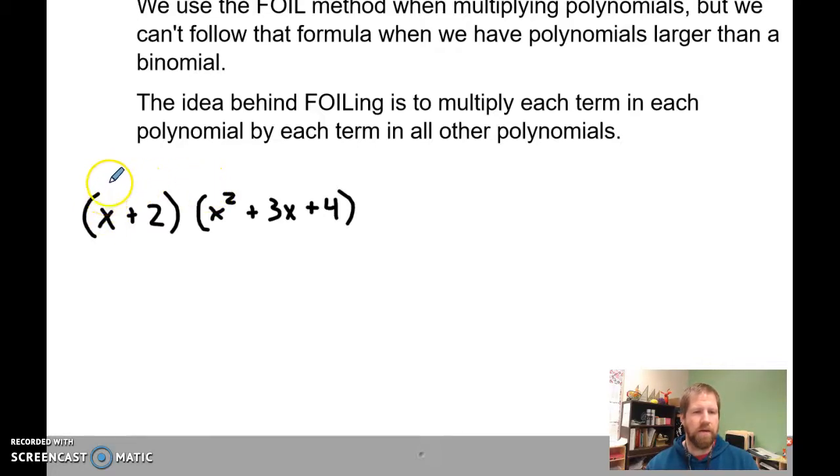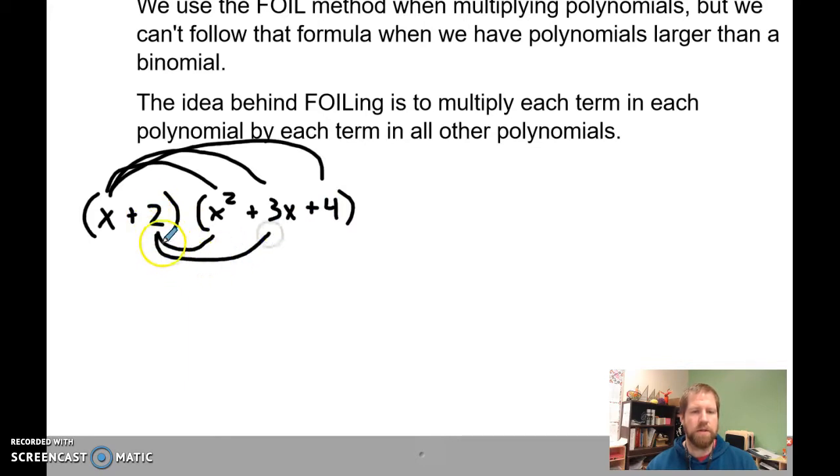I've got my first term here, and I'm going to distribute it to all of my other terms. So I'm going to do x times x squared, x times 3x, and x times 4. And then for my second term, 2 times x squared, 2 times 3x, 2 times 4.